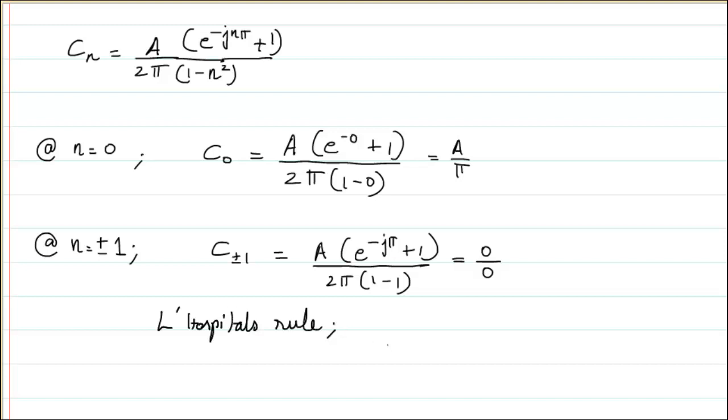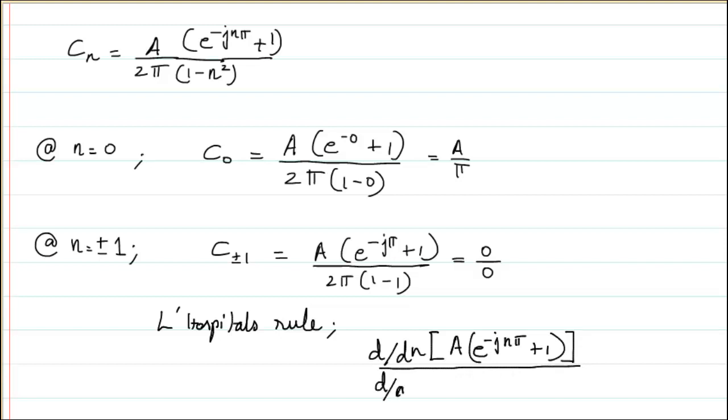For L'Hospital's rule, I have to differentiate with respect to n the function in the numerator, a into e raised to power minus j n pi plus 1, and similarly the denominator also I will have to differentiate with respect to n, which is 2 pi into 1 minus n square.